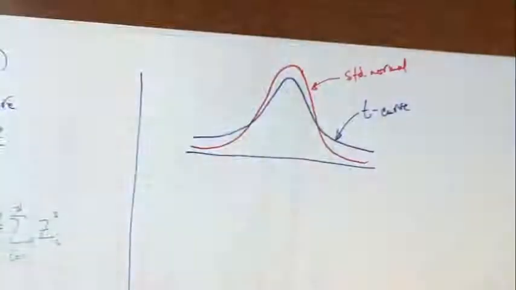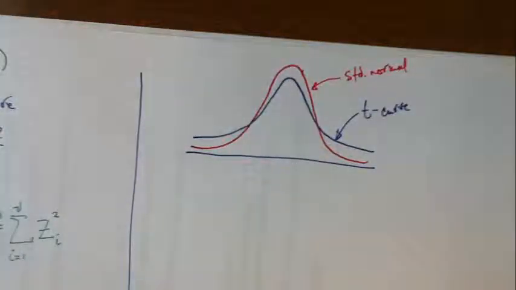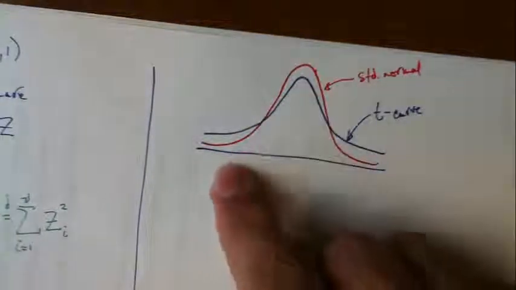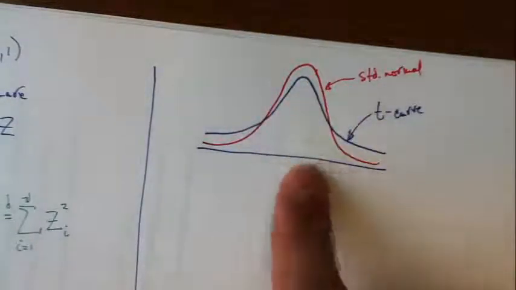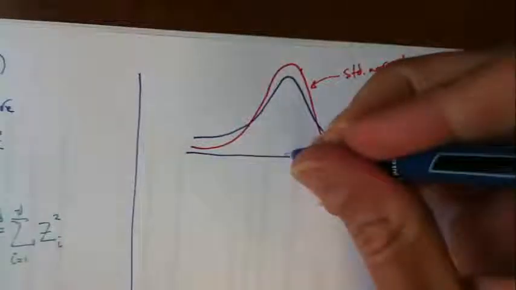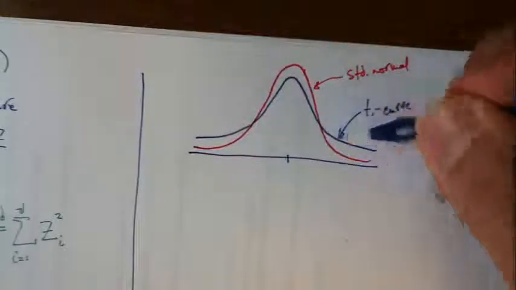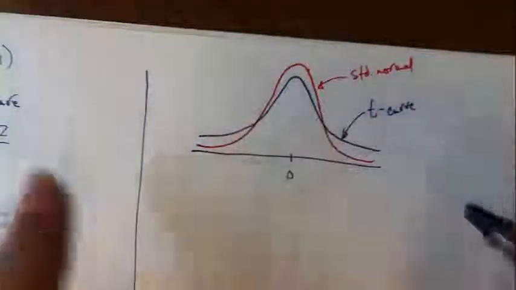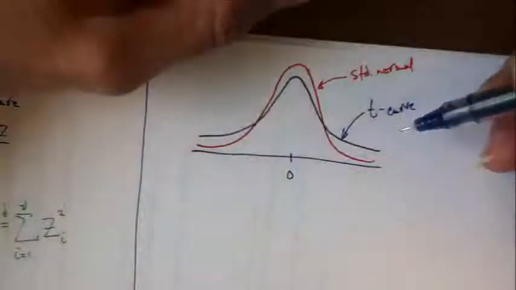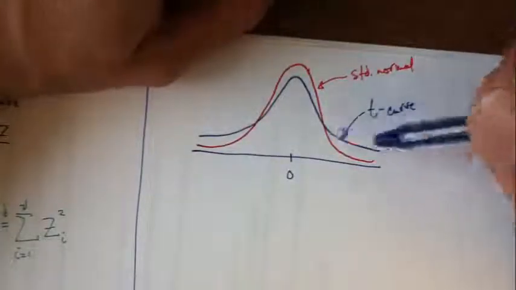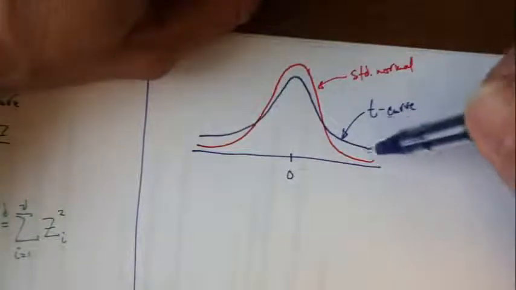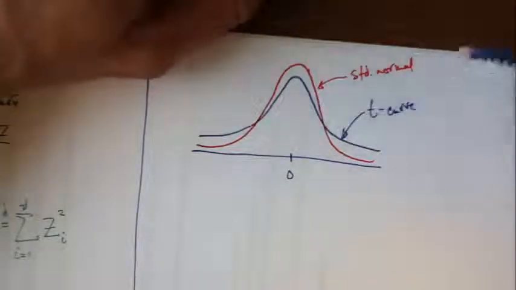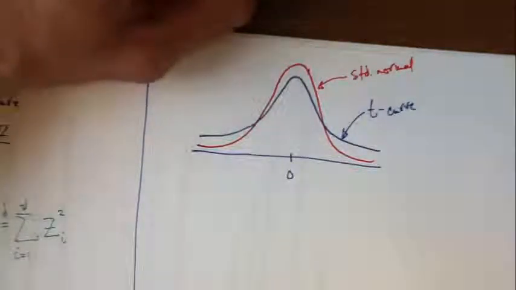You can see that the standard normal curve is higher than the T density around 0, and it's actually lower than the T curve as you get farther out in the tails. So we say that this T curve has fatter tails. Just by looking at the picture, you can tell that it's going to have a larger standard deviation or larger spread to it.